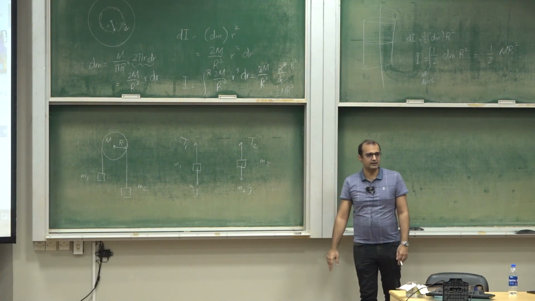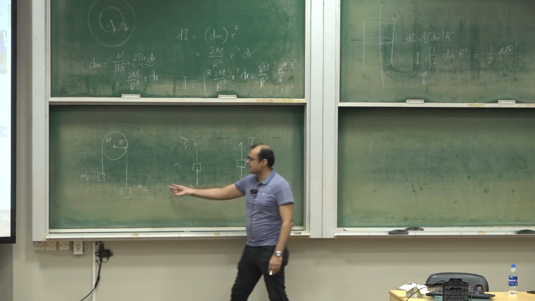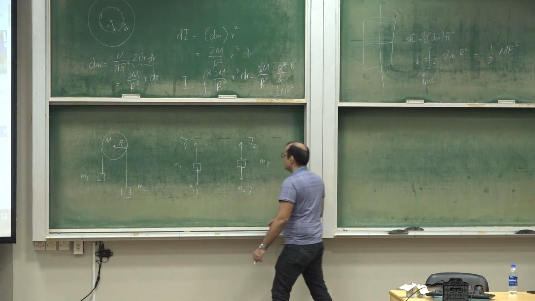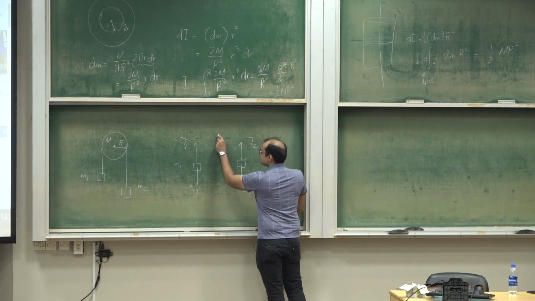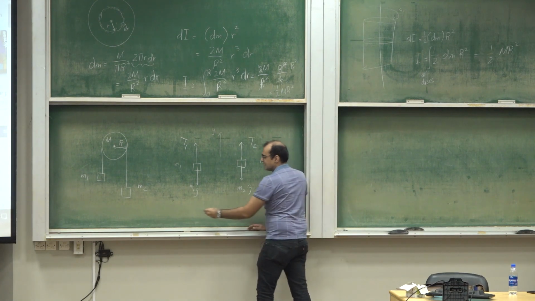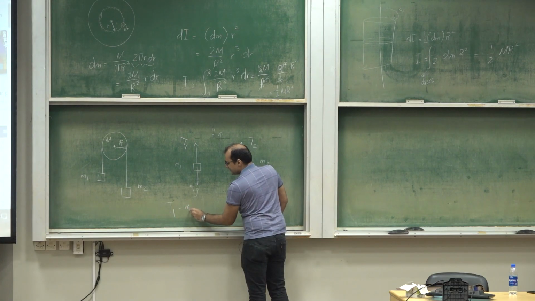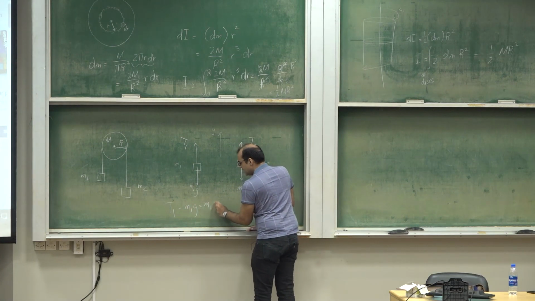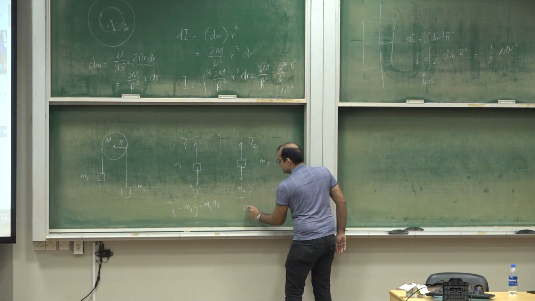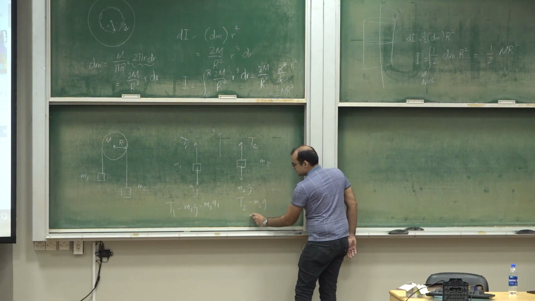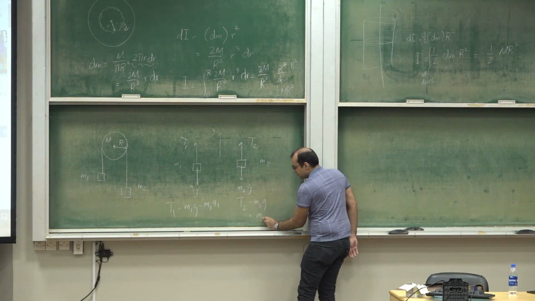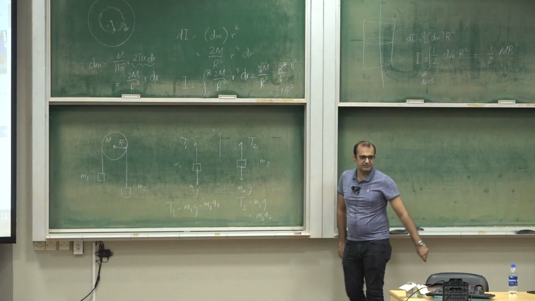That's something we'll do later. Over here these are still very small cubes effectively. So you choose your axis, that is the direction of my y-axis, and you write down T1 minus m1g equals m1a1 and T2 minus m2g equals m2a2. Until now everything is the same.